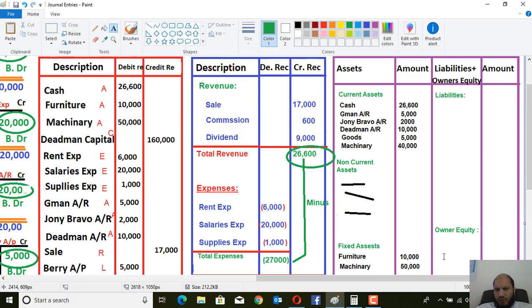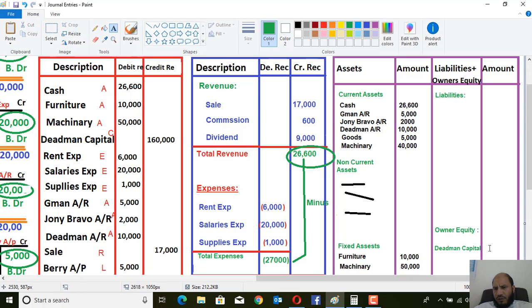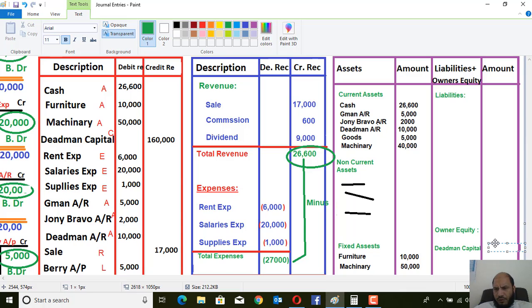In owner equity we have the Deedman capital, and his capital is equal to 160,000. 160,000 is the capital of Deedman.